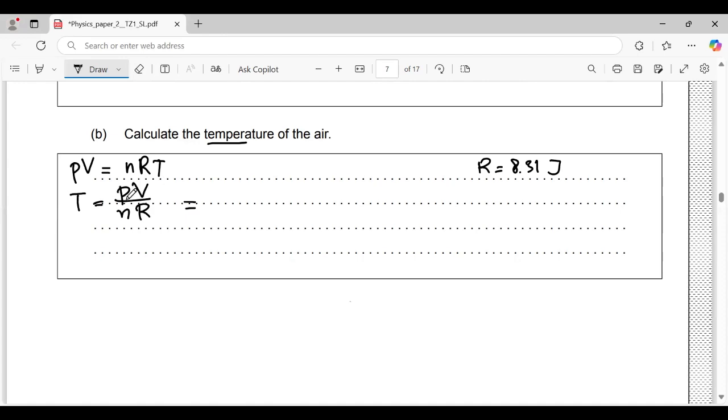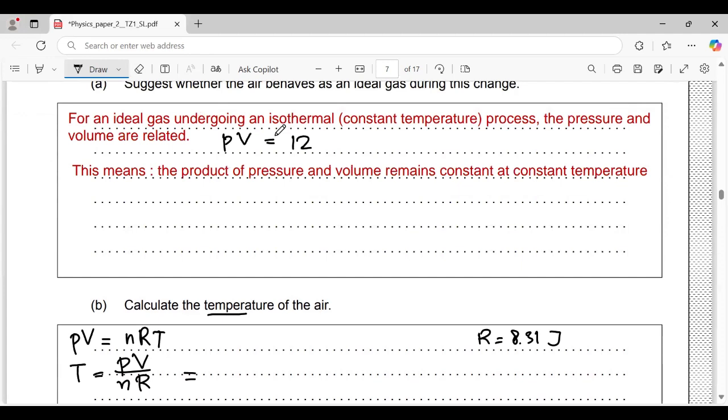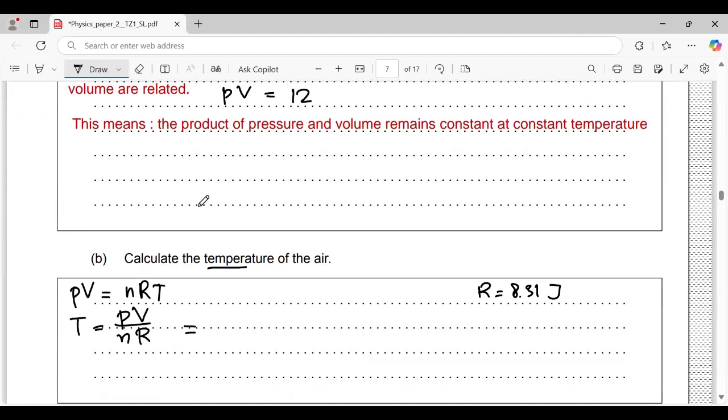Okay, PV is 12 according to number 3A. So it means 12 divided by n. n is 4.5 times 10 power minus 3 mole, according to this information.